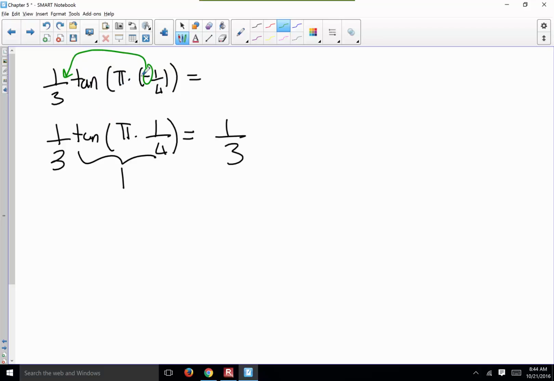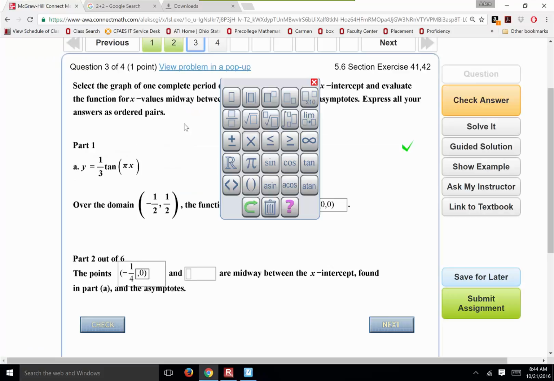So these two values match, but you have an extra minus, so it's -1/3. So -1/3 at -1/4, and +1/3 at +1/4. Right? Looks good?